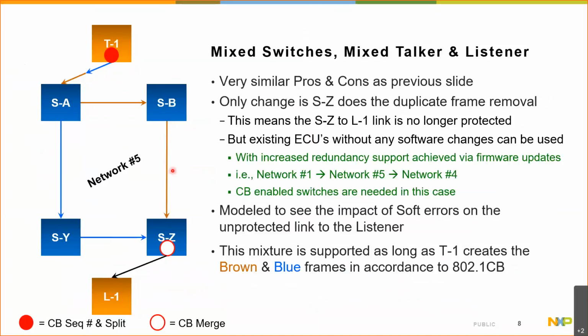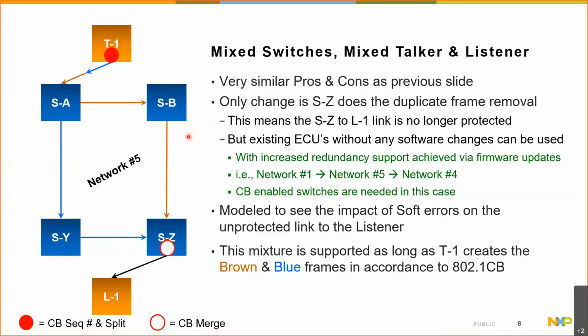And network 5 is our last one that basically is a hybrid. It leaves the link to the listener not replicated, so the function is in the bridge, whereas the talker is still doing the temporal replication. And as long as it follows the CB standard, then the bridge can remove the duplicates.